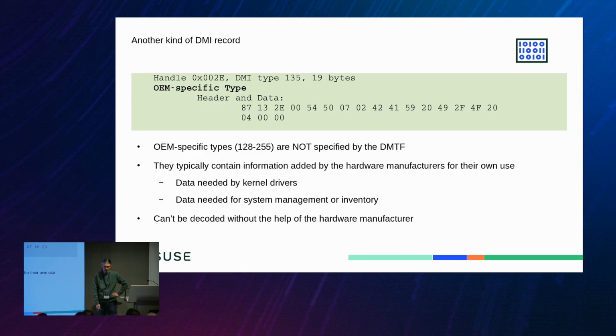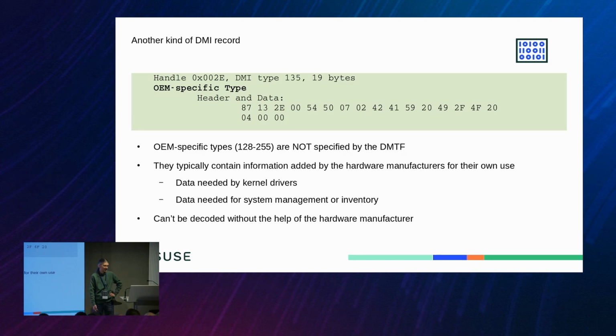And this is another example of a DMI record, and you probably don't find it so funny anymore. It's only binary data, you have no idea what it means or what it represents, and you can't do anything with that. The reason is that this is not a standard DMI type, this is an OEM-specific type, so it really depends on the hardware manufacturer what's in it.